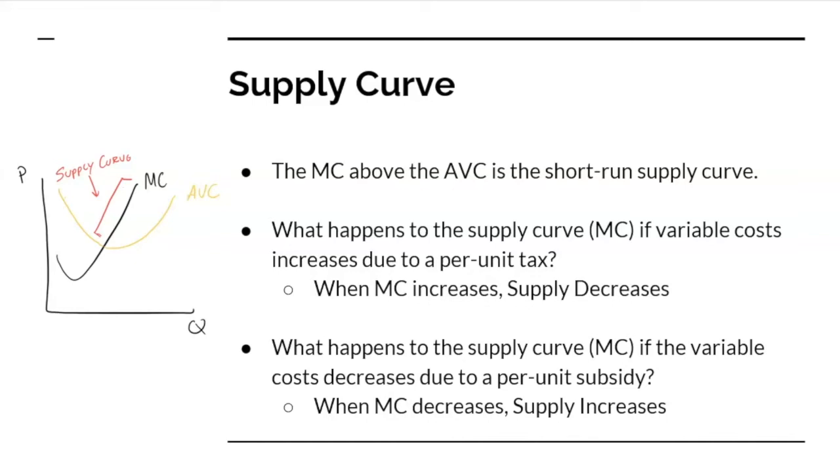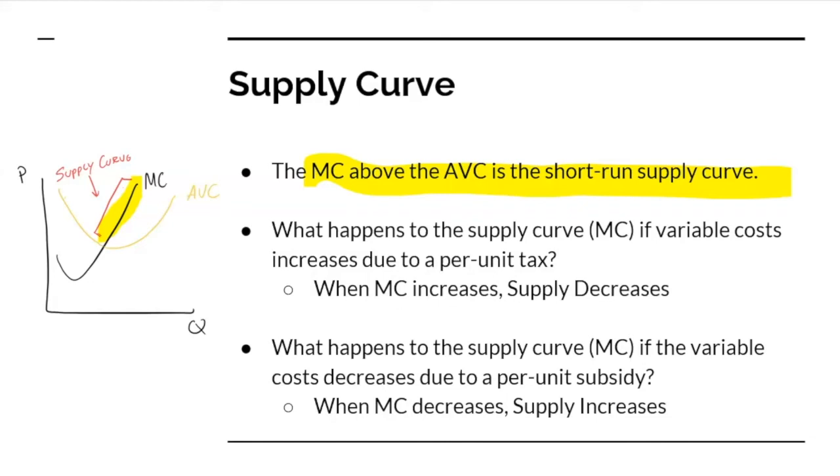Our supply curve is the marginal cost above the average variable cost. As you see here, this portion of the marginal cost curve is our supply curve. In other words, once the marginal cost is above the AVC, that portion of the marginal cost curve acts as our supply curve.